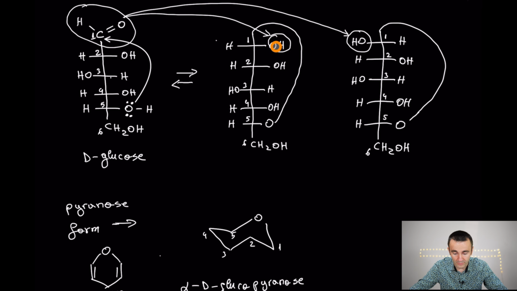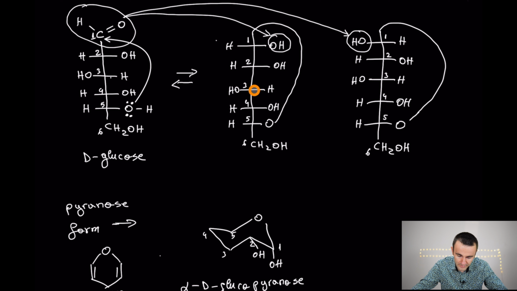Because this is on the right side, this is going to be down. The second one is again on the right side. I mean right side when you look straight to the sugar. So this is going to be down, and because those two lines are parallel in this way, you're going to write it in this way.